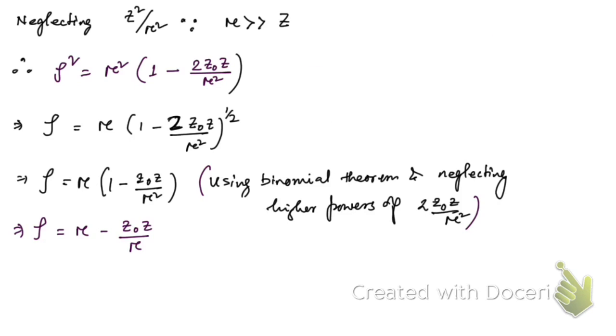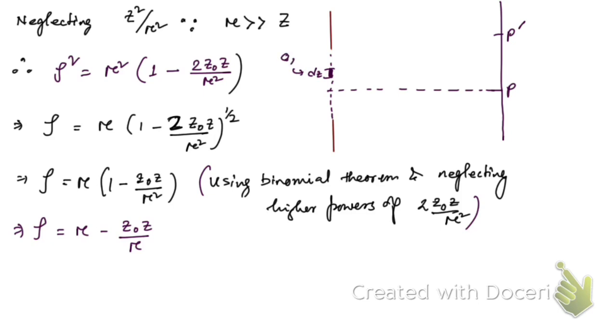So now you see, this is the element z and its coordinates are 0, z, and the coordinate of P is x naught, z naught, and the distance from this element is rho to this P dash, and the distance from the origin is r to this same point P dash.